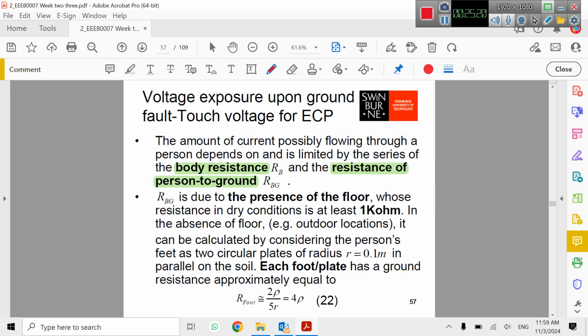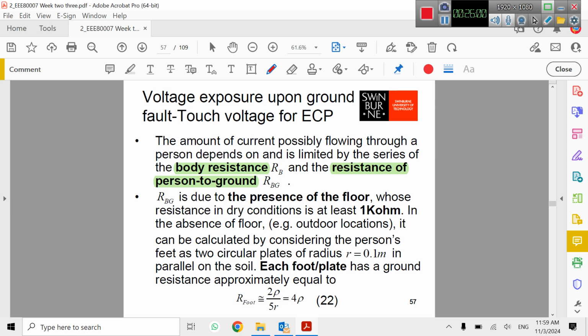Now we are going to consider a human touching the ECP. Before that, we have to consider the human body condition, how it is considered in the case of the fault. As I mentioned before, we have a body resistance which depends on something you ate, and this body resistance is given by RB.